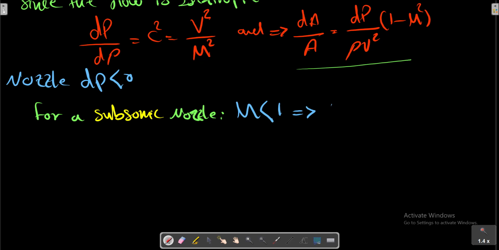So we have dA on A smaller than 0, so dA is smaller than 0, because A is positive, the nozzle is converging.